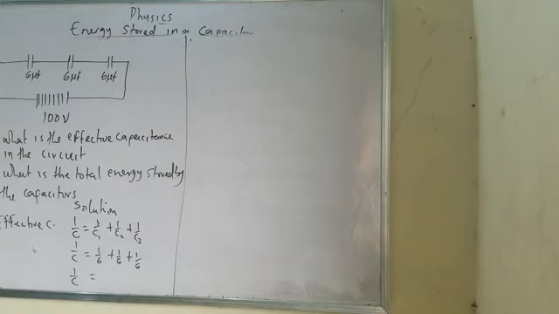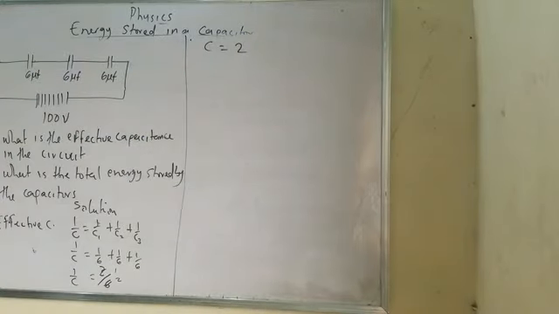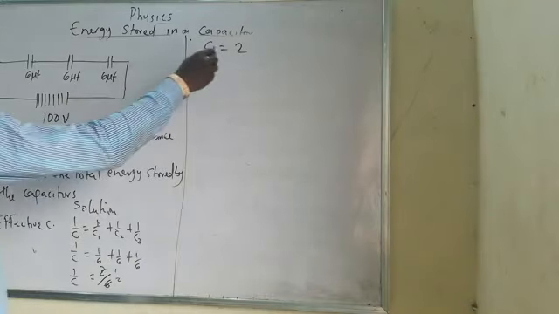Written as what? C will be 2. It means my capacitance is going to be 2 milli farad.